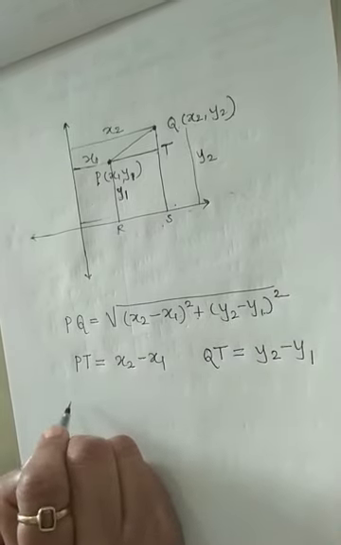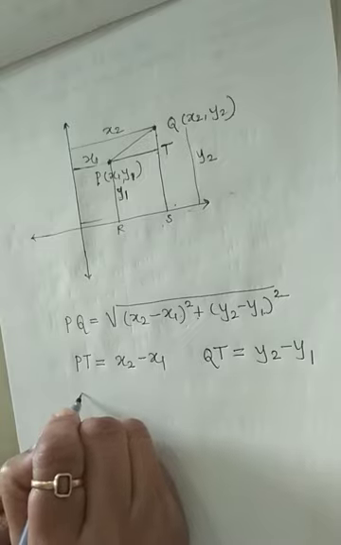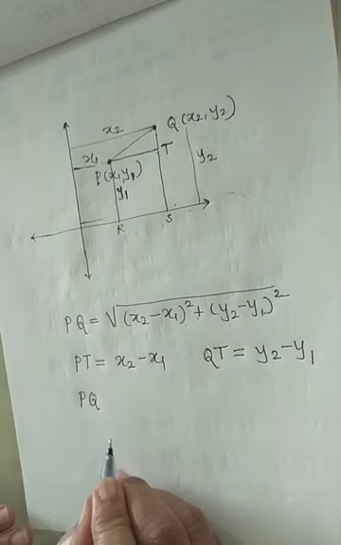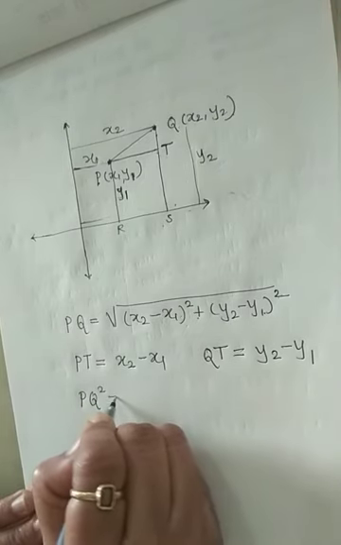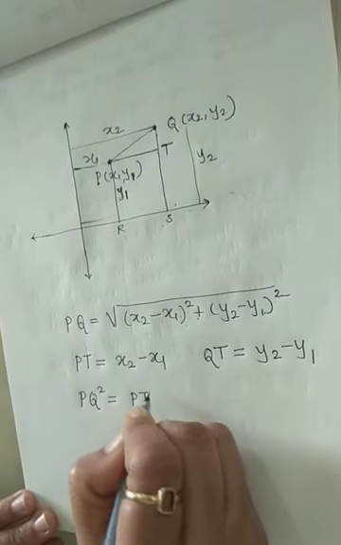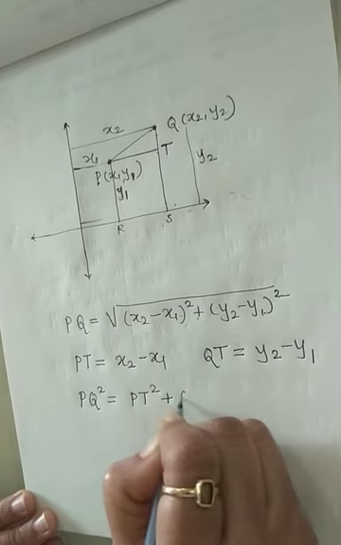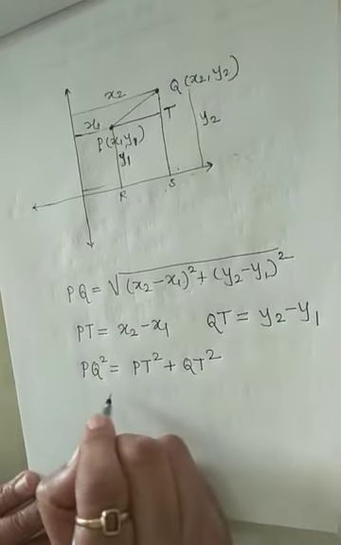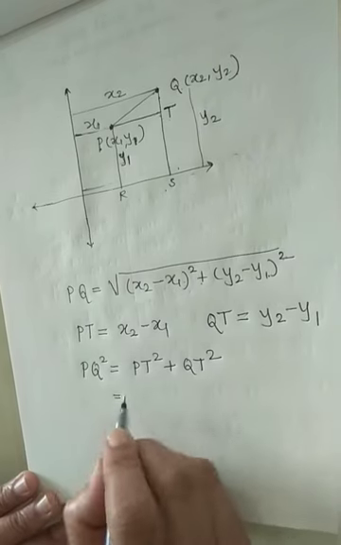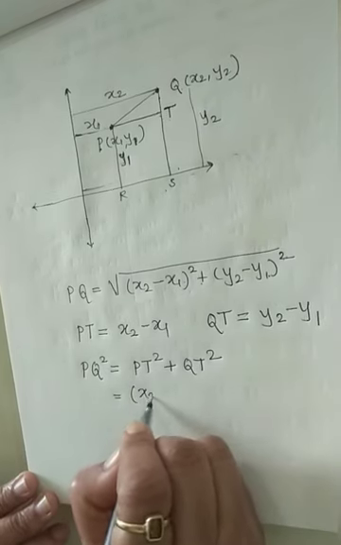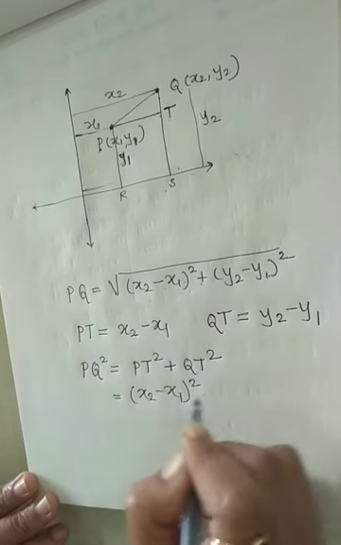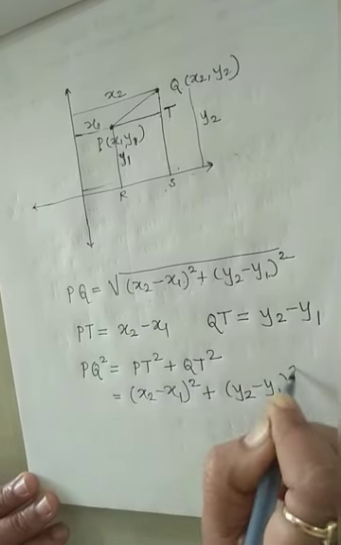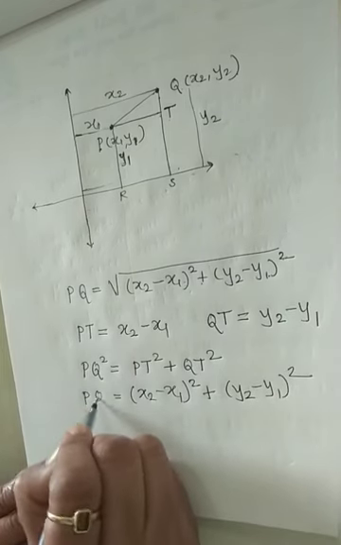Now using the Pythagoras theorem, we can write PQ, which is the hypotenuse here, PQ square is equal to PT square plus QT square. Now put the values of PT and QT. So (x2 minus x1) whole square plus (y2 minus y1) whole square is our PQ square.